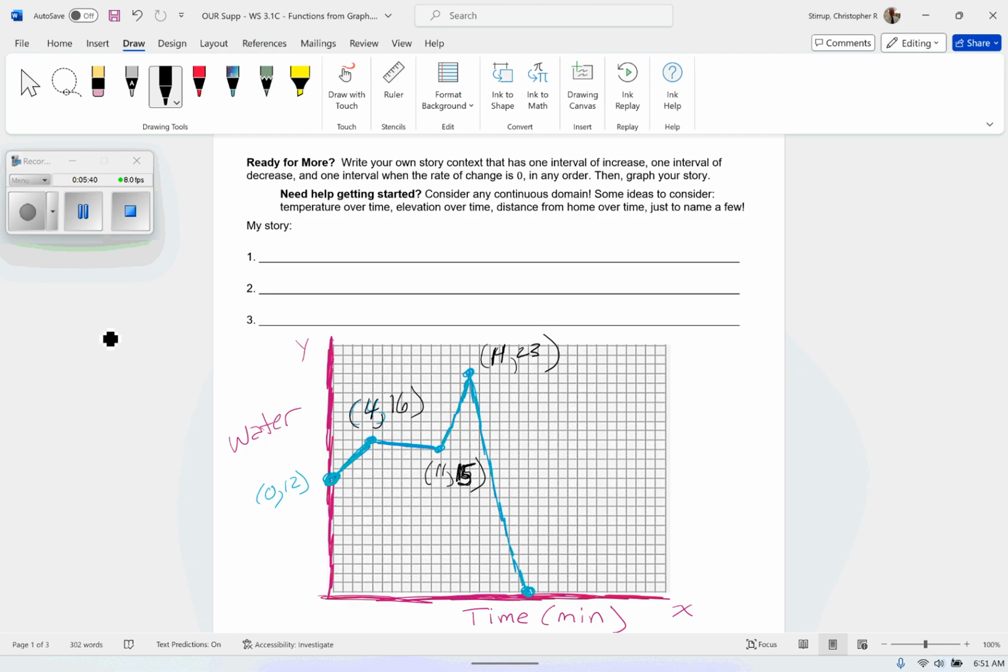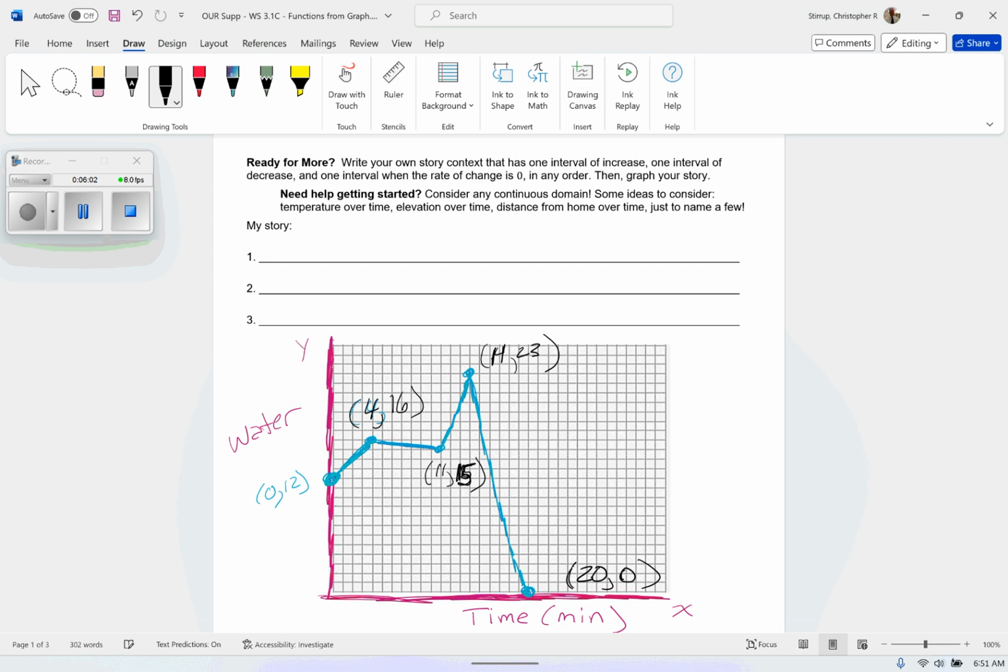And then this one down here, it's got a 0 in the y direction. 1, 2, 3, 4, 5, 6, 7, 8, 9, 10, 11, 12, 13, 14, 15, 16, 17, 18, 19, 20.